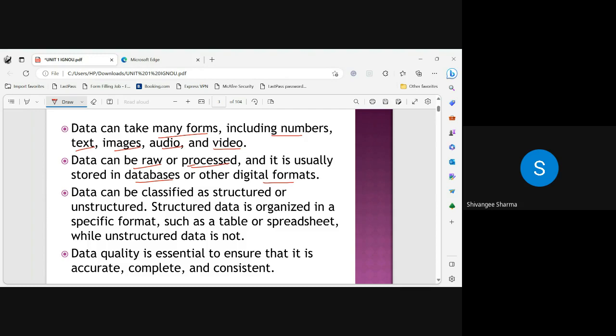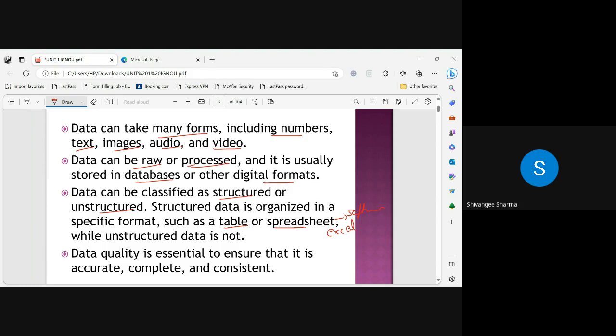Now, data can be classified as structured or unstructured data. Structured data is organized in a specific format, and unstructured data is not, like such a table or a spreadsheet. A spreadsheet is basically related to computer software. Excel is a specific spreadsheet software, and we have Google Sheets also. They are also spreadsheet software.